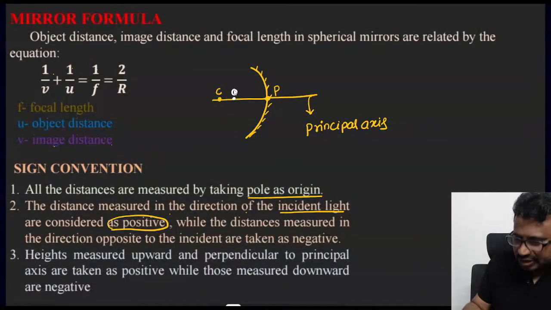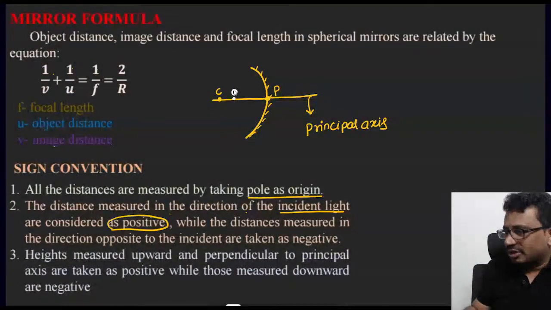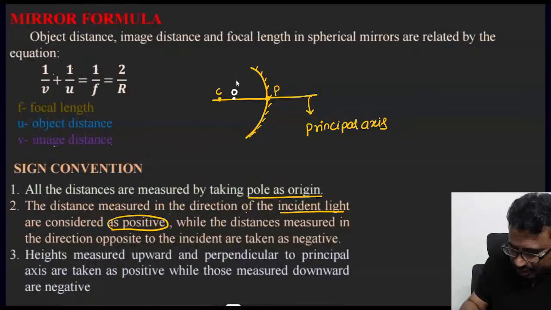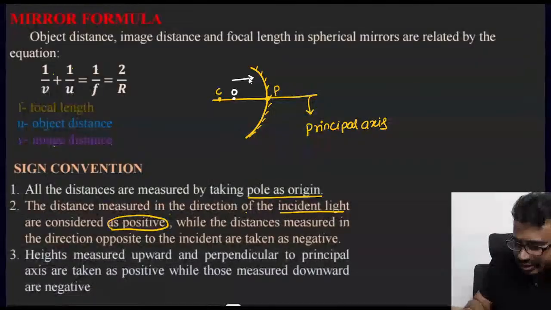The light ray comes from the object and falls on the mirror like this.